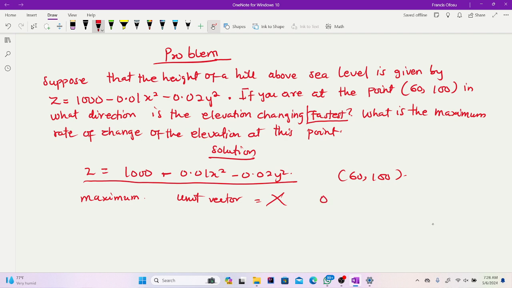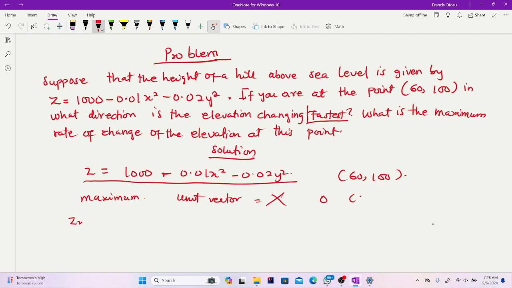If the angle is not 0, then you'll be getting maybe cosine of 30 or 40, and that will reduce the yield of our change, because it will be a fraction of it. But if you want a maximum, then it should be 1, so that you get completely the change in our function.